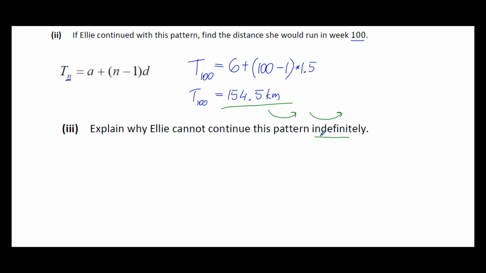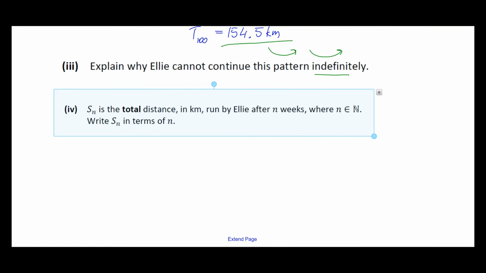Okay, let's have a look at the next part. Sn is the total distance in kilometers run by Ellie after n weeks, where n belongs to N. Now, when we have a lot of letters, sometimes it can be confusing. So let's change that letter to some numbers. Let's make it up so that we can understand it better.